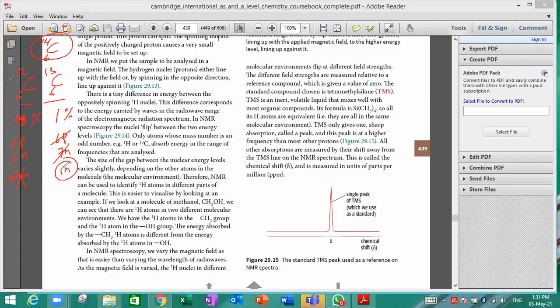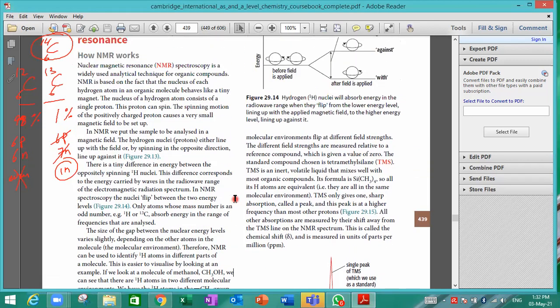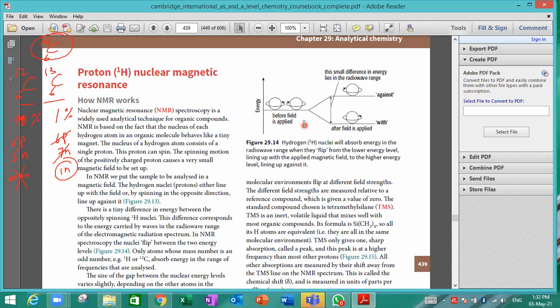Yeah, okay, fine. Okay, now we said that when we have something alone, an odd number, it will start to spin, and due to this spinning, it will create a magnetic field. And if we place it in an external magnetic field, then some of the protons will rotate in a way that is aligned with the external magnetic field, and others will spin so that they create a magnetic field that opposes the external magnetic field.